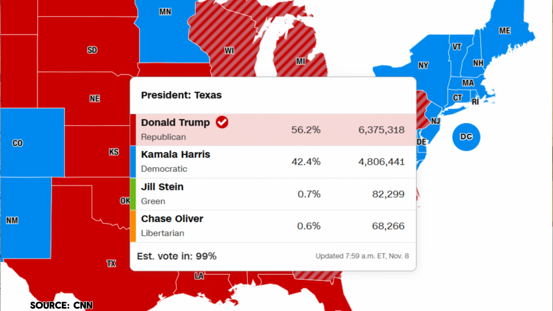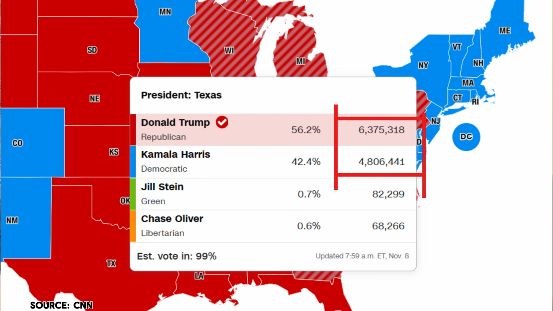Donald Trump won 56.3% of the votes and Kamala Harris won 42.4% of the vote. If this were a popular vote system, Donald Trump would get around 6.3 million votes and Kamala Harris would get around 4.8 million votes. That would count to their total number of votes gained.